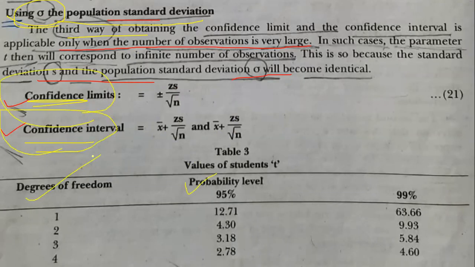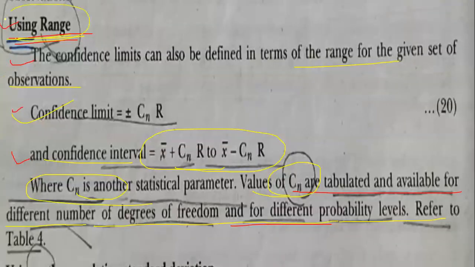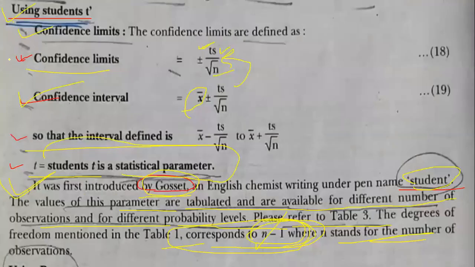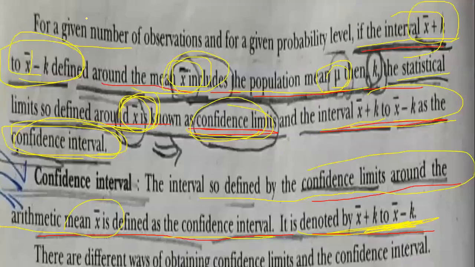So this is very simple. We find the confidence limit and confidence interval using sigma, the population standard deviation. We find the same terms using the range. And again, we find confidence limit and confidence interval using student t.